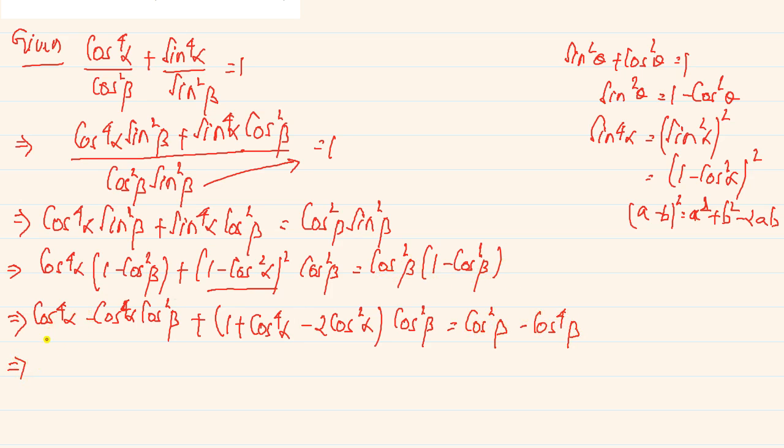Okay, so cos to the power of 4 alpha minus cos to the power of 4 alpha cos square beta.